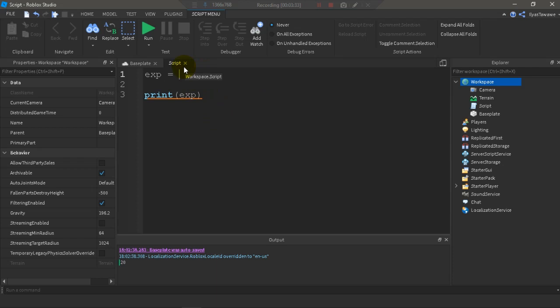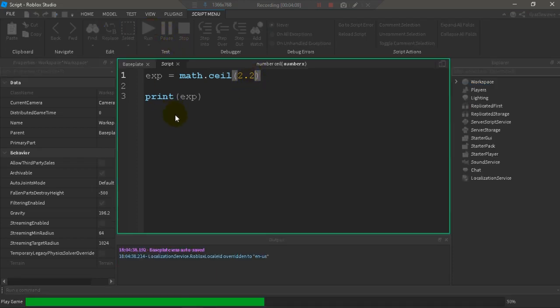So exp equal to math.ceil. What math.ceil does is return the nearest integer above a decimal value. For example, we have 2.2. The smallest integer larger than it is 3. Now let's see if that's gonna happen or not.